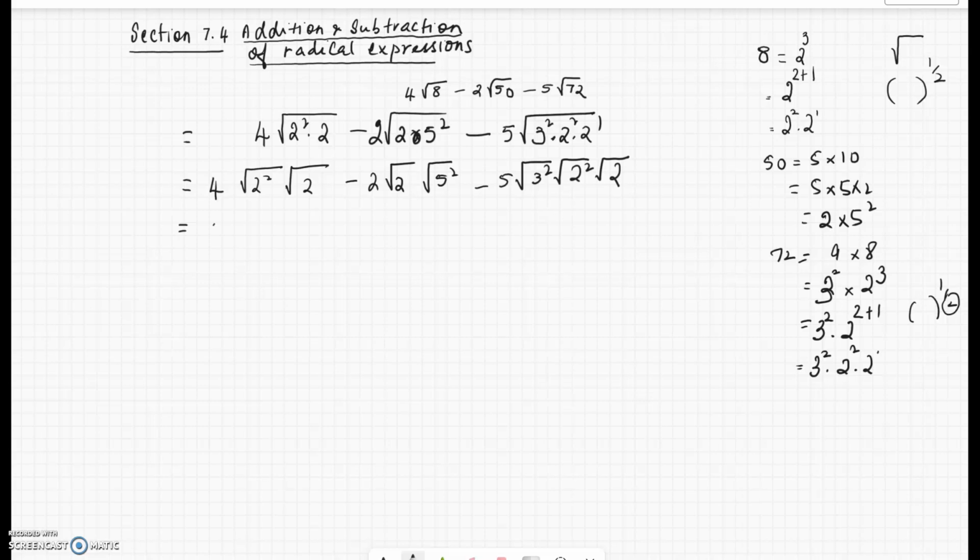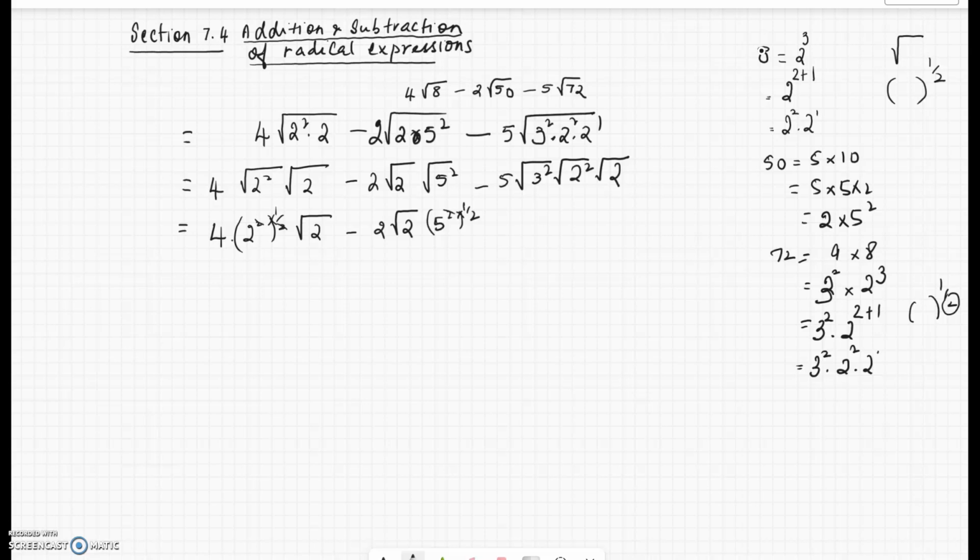So this is equal to 4 times 2 squared to the half. Just to show that these two cancel because we're going to multiply these two together. I'm going to leave radical 2 alone. So this is 2 radical 2 times 5 squared to the half.